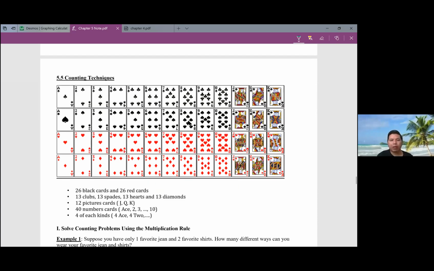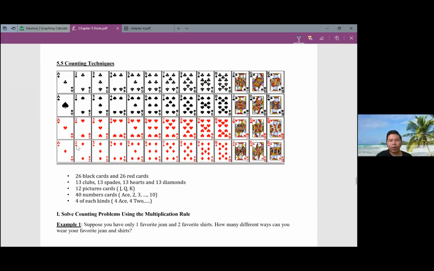We have 26 black cards and 26 red cards, and 13 clubs, 13 spades, 13 hearts, and 13 diamonds. If you're not familiar with a deck of cards, that's all the information we can pull out from a regular deck.